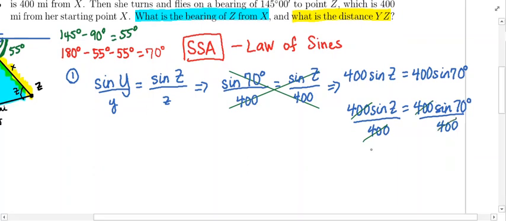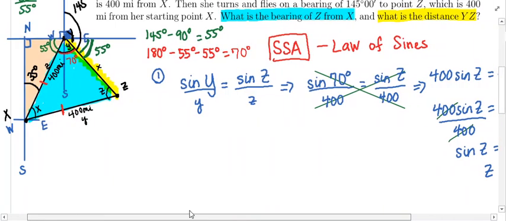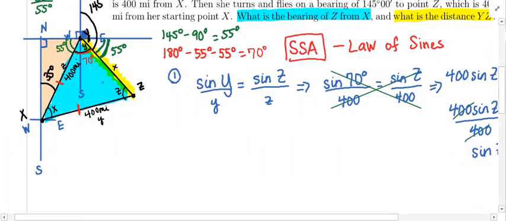This is going to tell me that the sine of Z is equal to the sine of 70. Basically you don't really have to do any work here. We've gotten to a situation where the sine of an angle is equal to the sine of 70. We can see clearly here that Z is going to be 70 degrees. So I'm going to go and label that. In my picture, I know that angle Z is 70 degrees.